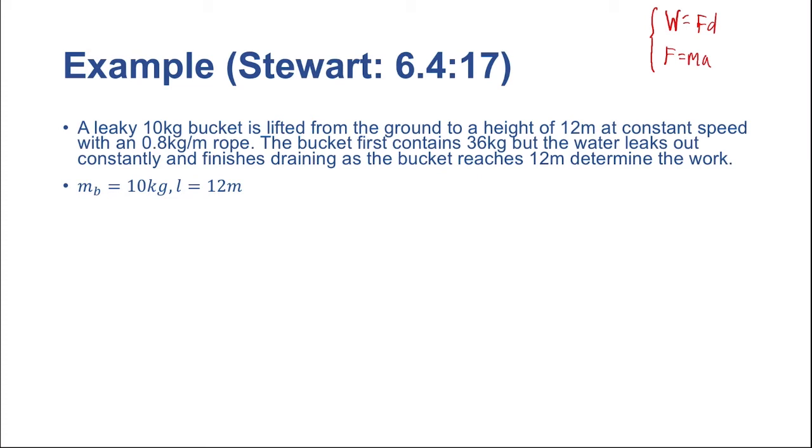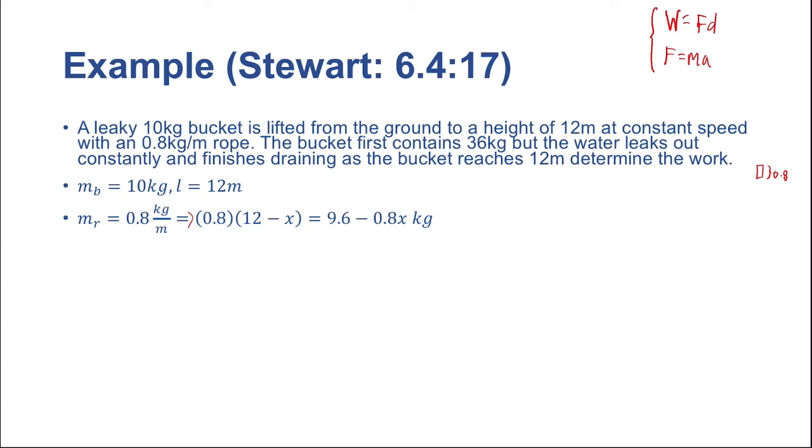Okay, so we also need to determine the mass of our rope. So we have the mass of a meter-long section of rope, and that is 0.8 kilograms per meter. Now we also know that our rope is going to get lighter as we lift it up, so we multiply the amount of meters that we have left by the kilograms per meter.